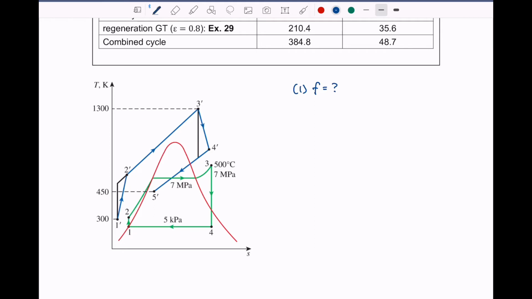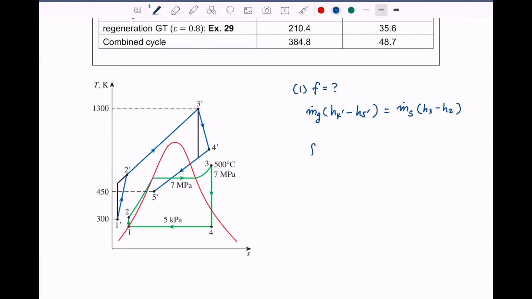By looking at the energy balance analysis on the previous page, we can write this equation. Now m_g dot is the mass flow rate of the air or gas in the gas turbine. When this exhaust gas changes enthalpy from 4 prime to 5 prime, this much heat should be transferred to water to change its state from H2 to H3.